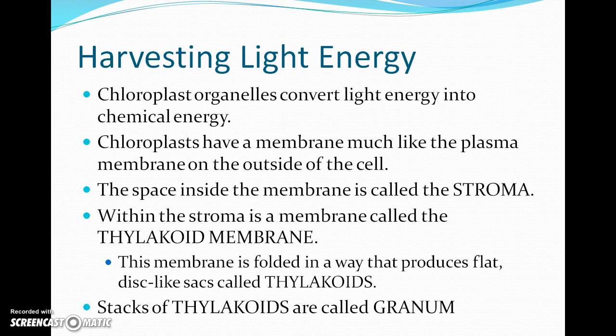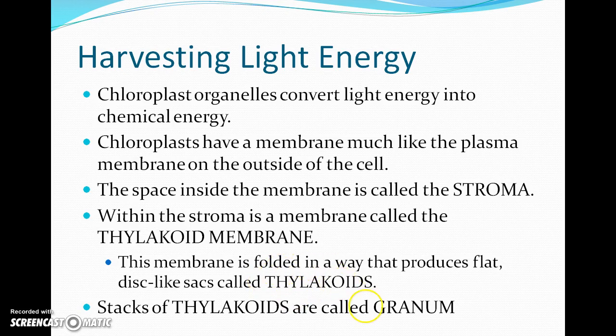Here comes vocab. Inside your cells, you have cytoplasm. Inside the chloroplasts, you have stroma. Within the stroma is a membrane called the thylakoid membrane, and they hold these tiny little structures called thylakoids. So it's kind of like little jelly beans inside of the chloroplasts.